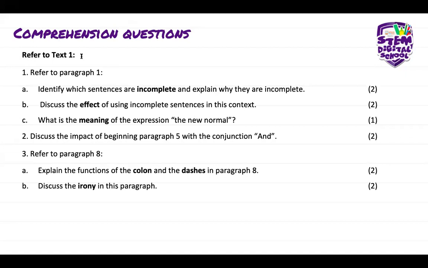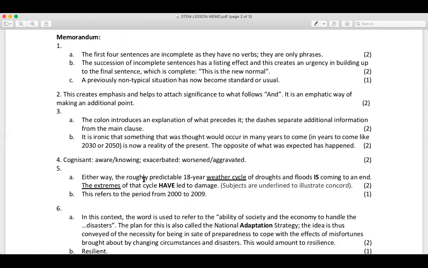Remember the succession of incomplete sentences, right? That means incomplete sentences that follow on one another. That succession has a listing effect and it creates an urgency in building up to the final sentence, which is complete. Which one is that? This is the new normal. Okay, if you see there, can you see there?